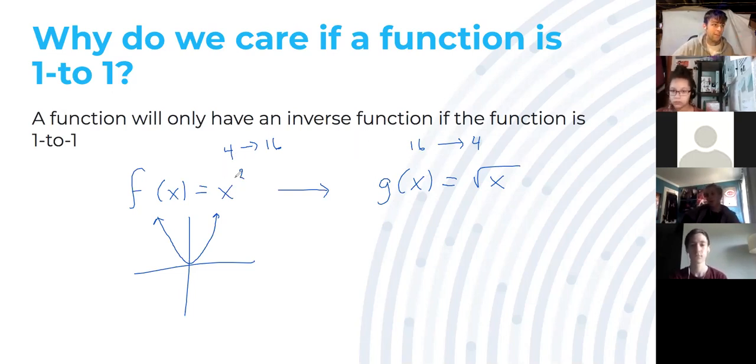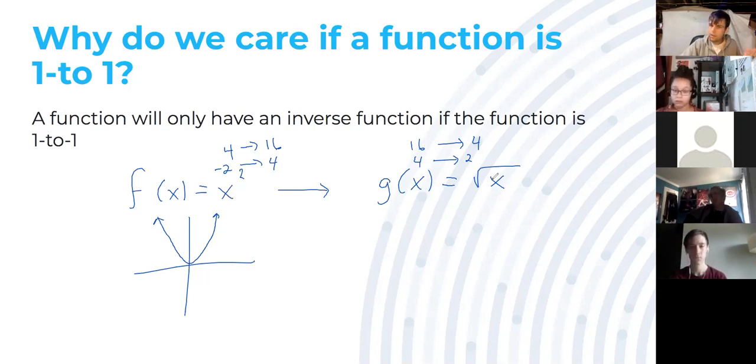But if I put in, let's just say -2, -2 squared is 4, so that's fine. But when I plug in 4 into this one, the square root of 4 is just 2. It doesn't give me the negative back, right? So it doesn't work with some of the possible inputs for this function. It doesn't get me back to it.